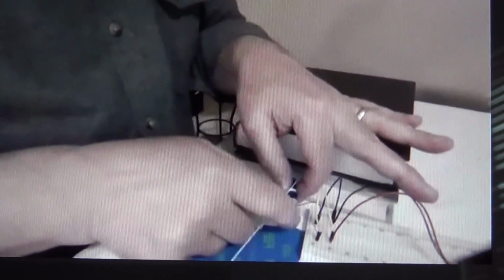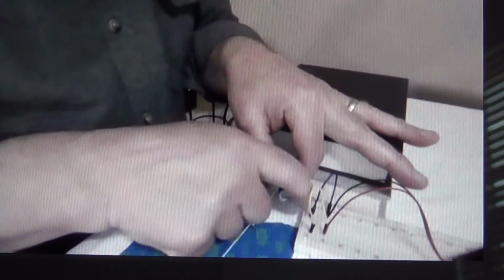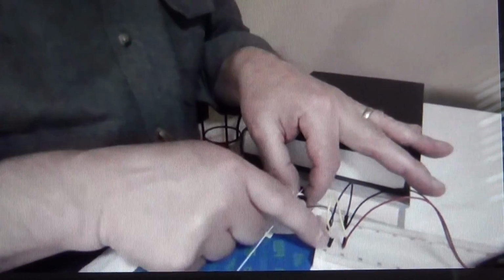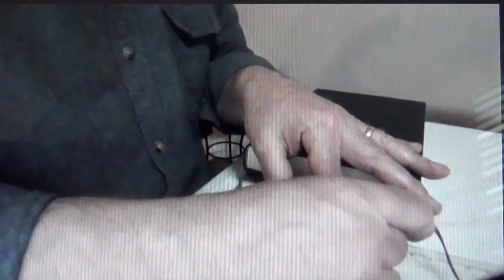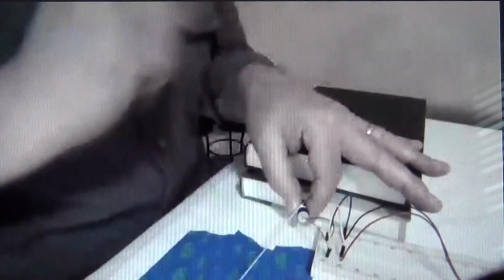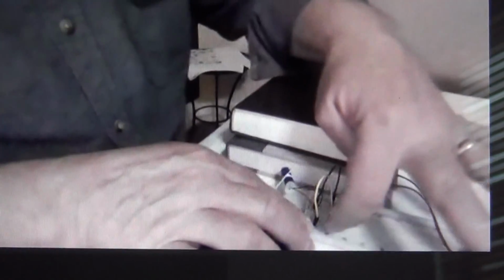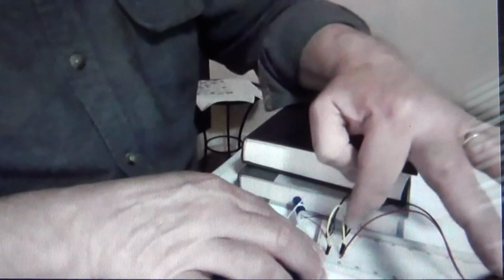here I've got, there's the red wire being trapped by the jumper wire connected to the red wire of the battery. Okay, there's the red wire of the battery. Here's the jumper wire in the same row as the red wire of the battery.